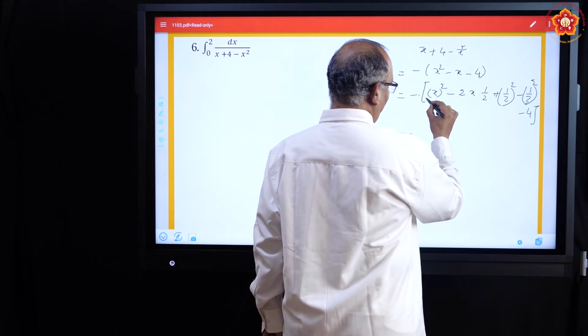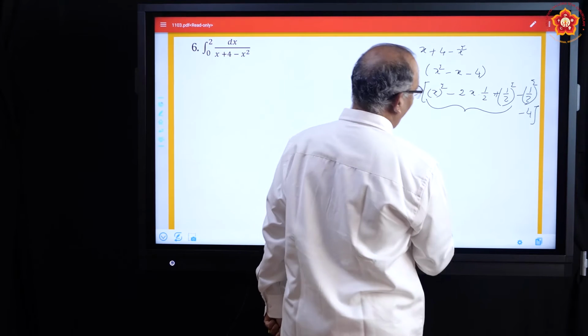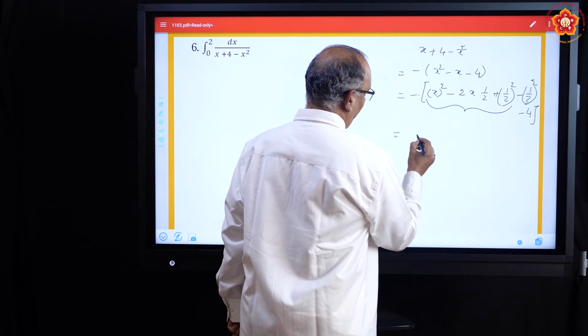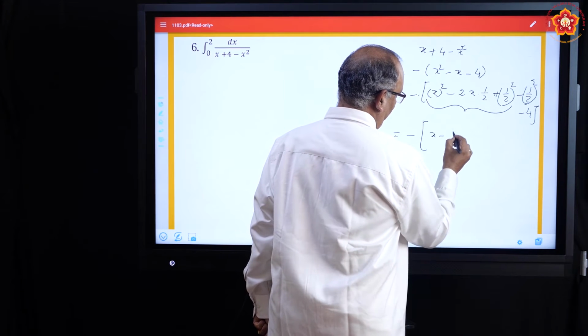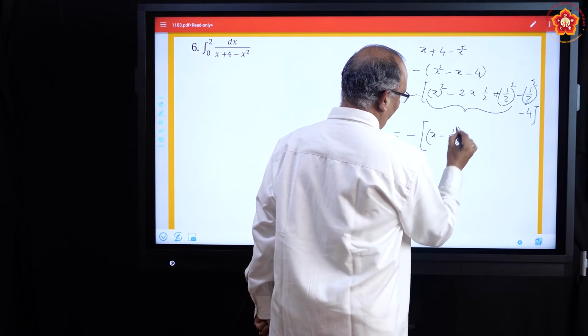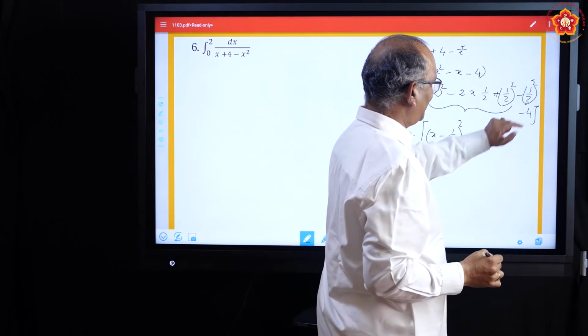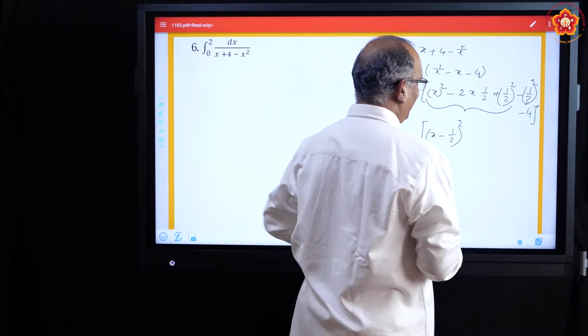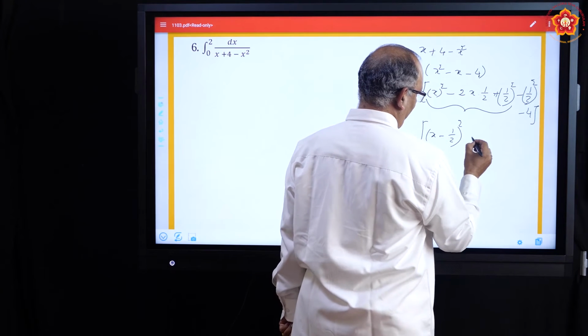So from here till here, it is a complete square. This can be written as x minus 1 by 2 whole square. Club these two terms. This is minus 1 by 4, this is minus 4. So it can be written as minus 17 by 4.